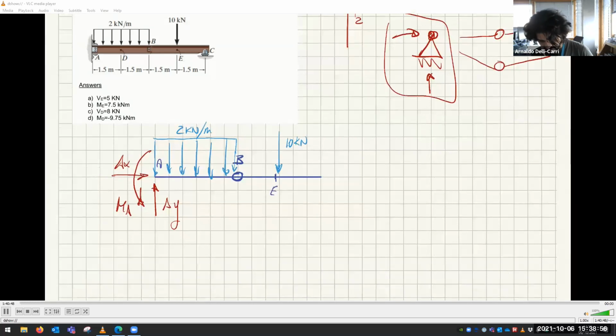And point C is a roller, looks like a roller to me. So that means that at point C you have CY. We have a problem here. What's the problem? Can you see what's the problem? We have 4 unknowns. 4 unknowns and only 3 equations.